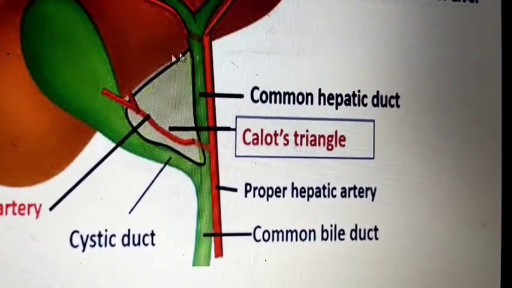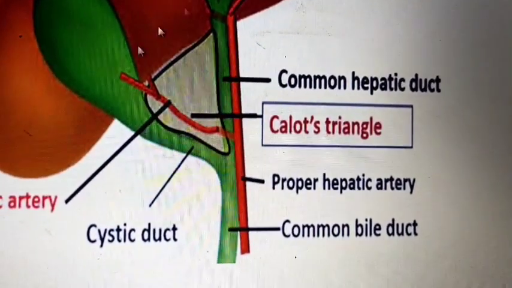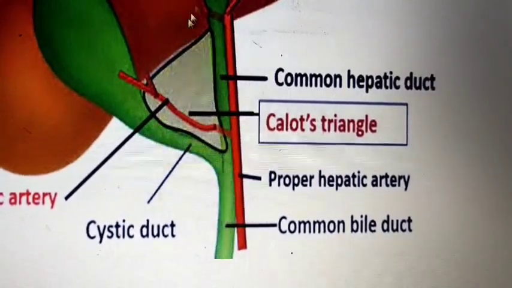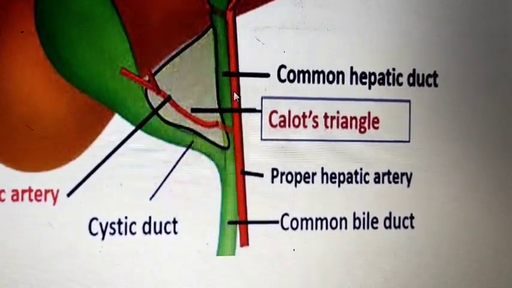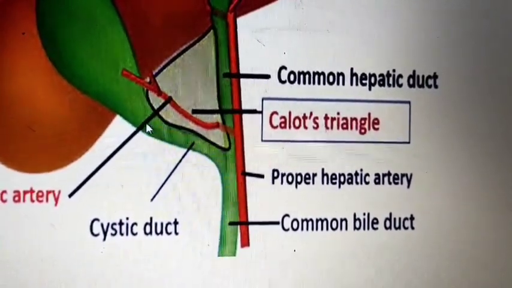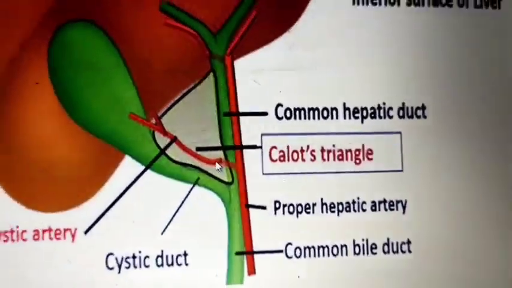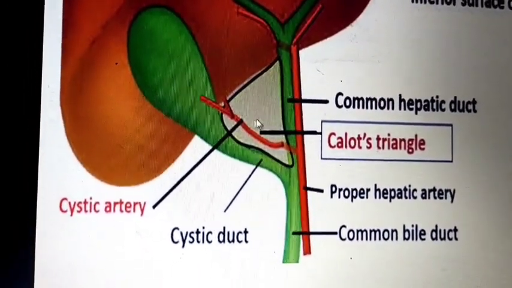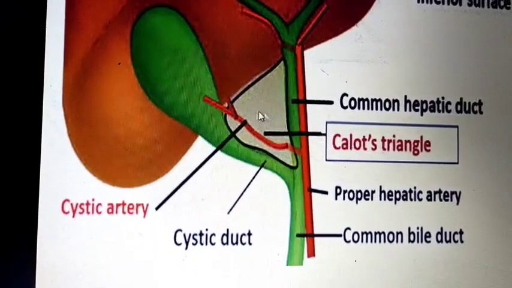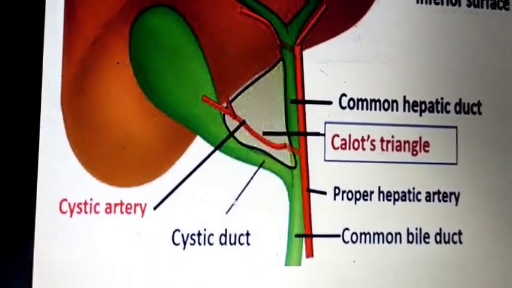The contents of Calot's triangle are the cystic artery and the cystic lymph node, also called the lymph node of Lund.